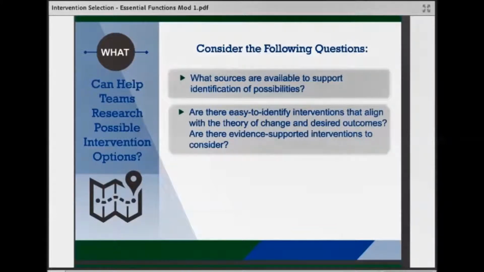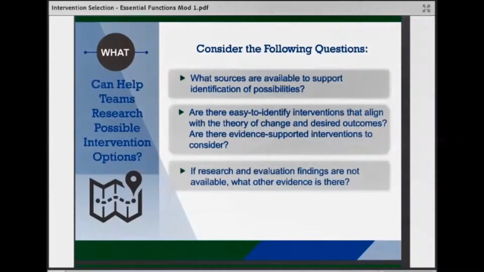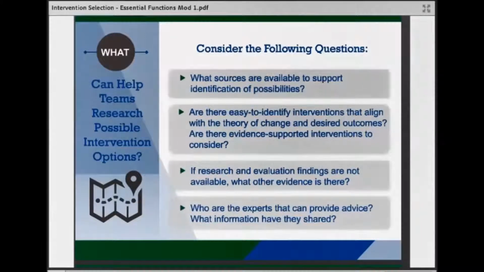Are there ESIs to consider? If research and evaluation findings are not readily available, what other evidence exists? Who are experts on these types of interventions that may be able to provide advice? What information have experts shared about possible interventions?